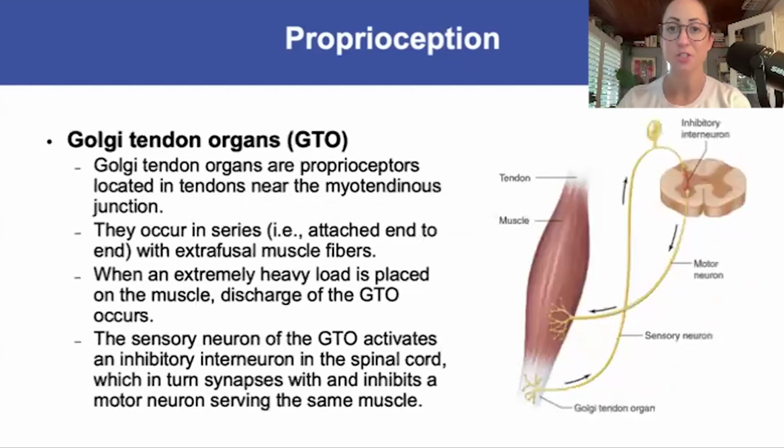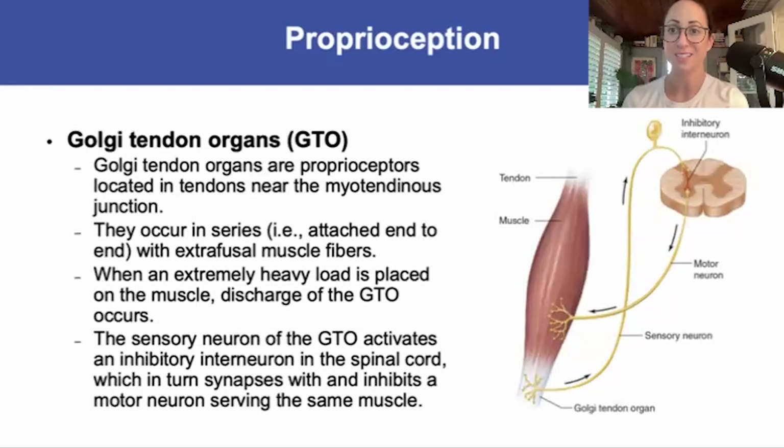Then if we talk about the GTO, or the Golgi Tendon Organ, this is an inhibitory muscle response. So the muscle spindle is excitatory and tells the muscle to contract. The GTO is inhibitory and tells the muscle to not contract and instead relax. So while they're both providing sensory information, they're telling the muscle to do two different things.